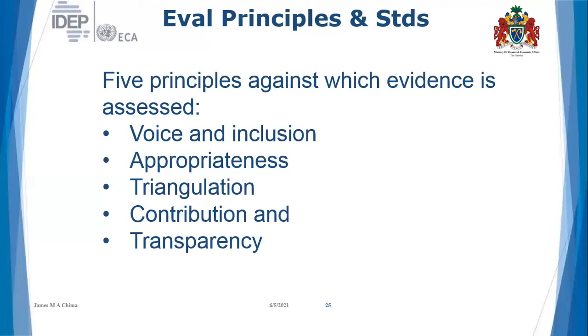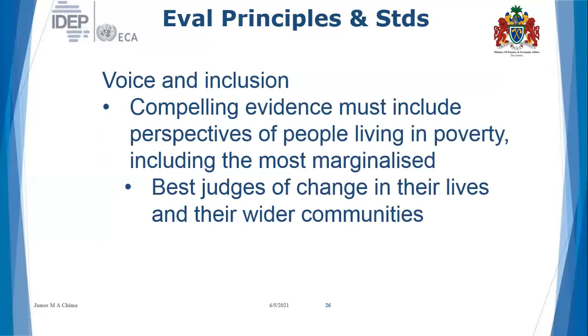Let us look at each one of them. Voice and inclusion. This implies that compelling evidence must include, at all costs, perspectives of people living in poverty, including the most marginalized.